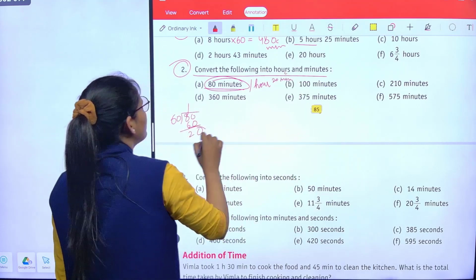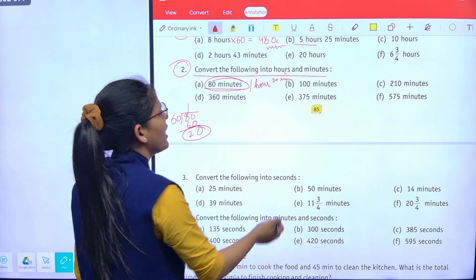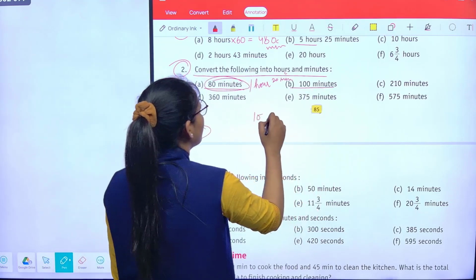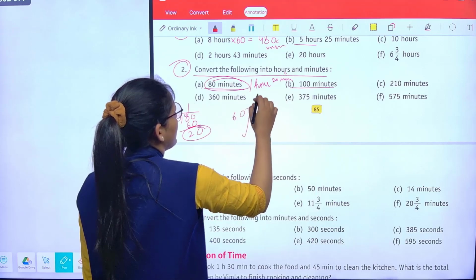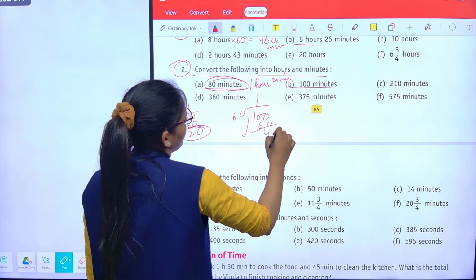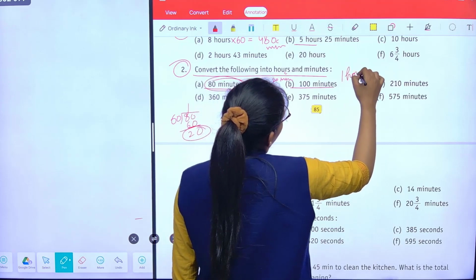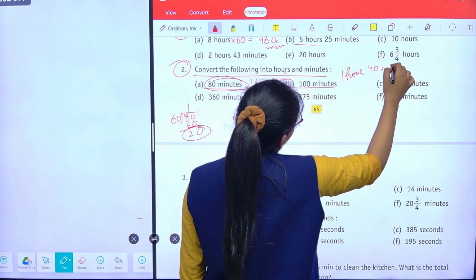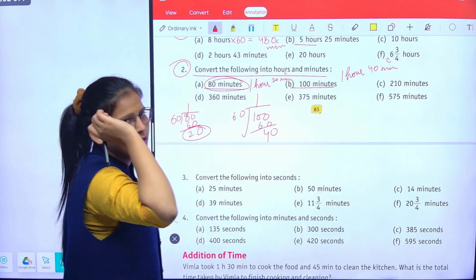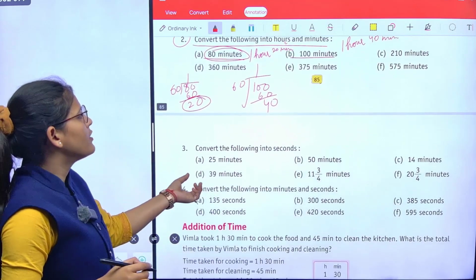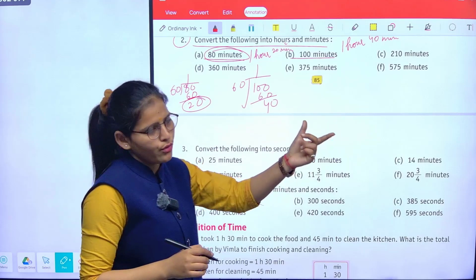The remainder is our minutes. Again 100 minutes. 60 1s are 60. Now class, 40. 1 hour 40 minutes. Understand class? I hope you all have understood very well. Rest of the parts do yourself.